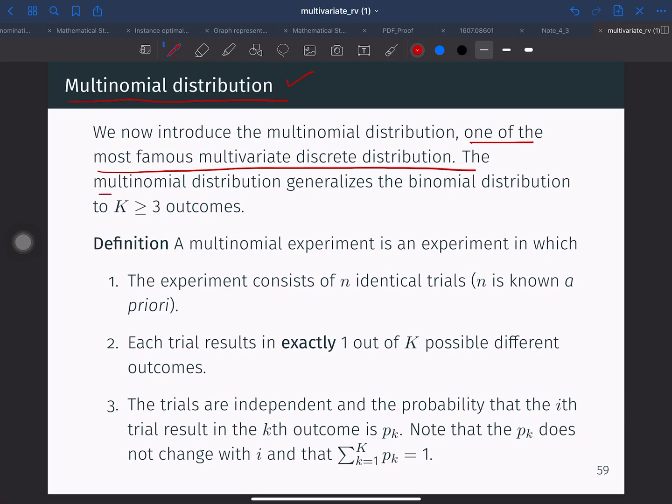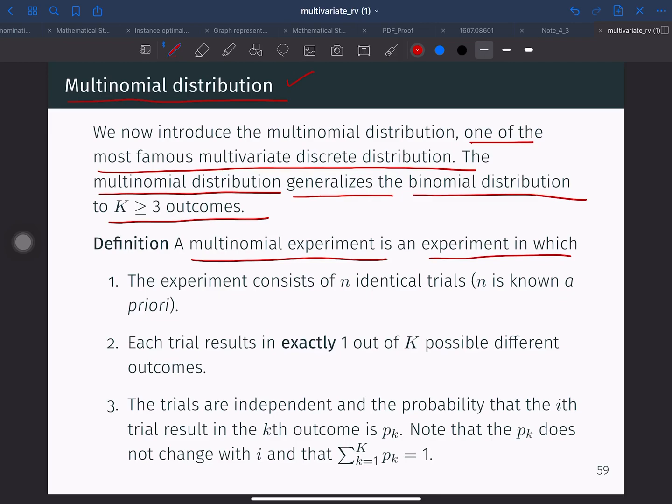So the multinomial distribution is nothing more than the generalization of the binomial to three or more outcomes. The binomial experiment we might want to recall from chapter 3, but the multinomial experiment is similar. It is basically an experiment consisting of n trials that are all identical, where n, the number of trials, is assumed to be known a priori.